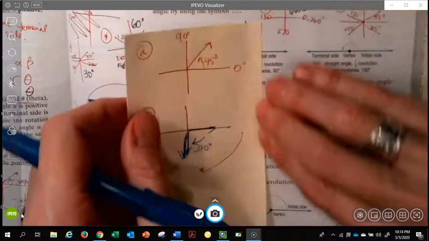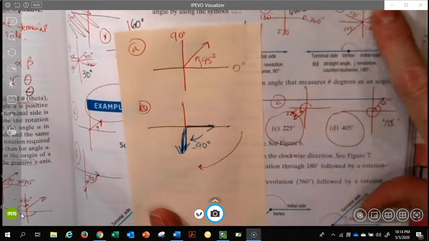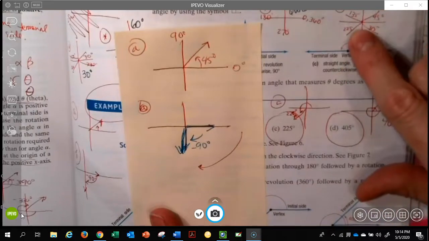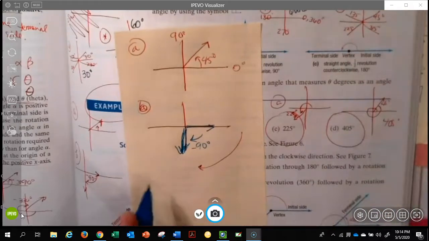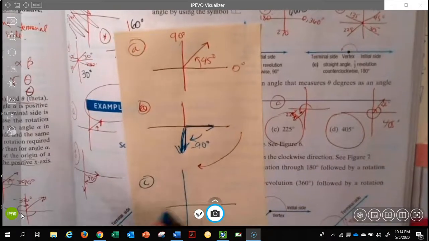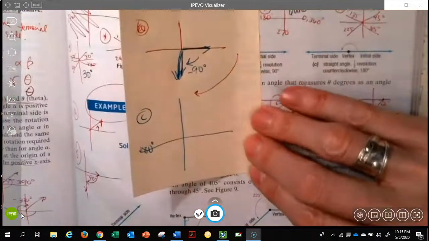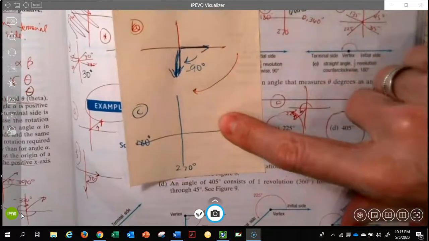But wait, there's more. So here's this 225, and you're like, 225? I don't know what that is. But if you played around with it like I asked you to when you stopped the video, you're going to remember that it's going to be over here between my 180 and my 270 that I've got memorized.